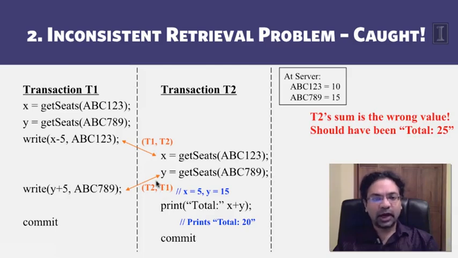And so obviously now you have two pairs of conflicting operations in this particular interleaving. The first being a write-read pair that's marked as T1 T2, the second being a write-read pair that is marked as T2 T1. And so this is not serially equivalent because we need all the conflicting operations marked as either all T1 T2 or all T2 T1. Okay, so serial equivalence using the notion of conflicting operations also catches the inconsistent retrievals problem, as we have seen here.